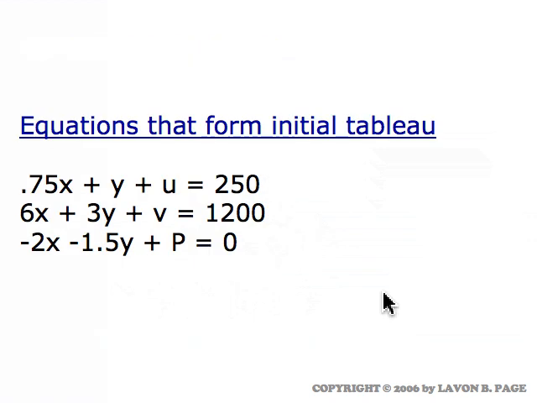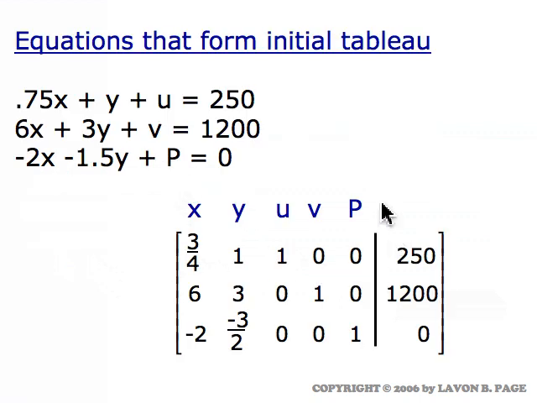The equations that form the initial simplex tableau in this problem: we take the constraints and introduce slack variables. We rewrite our profit function in the form shown here with everything on the left. So this is what goes into the initial simplex tableau.